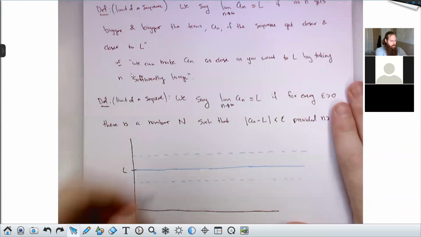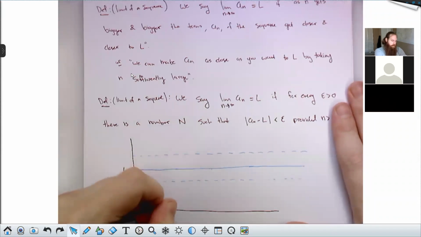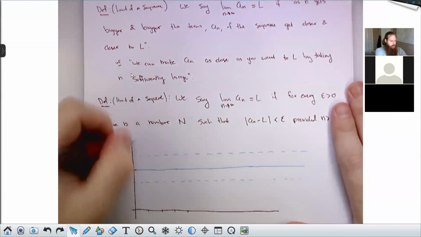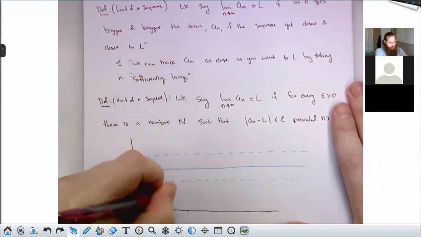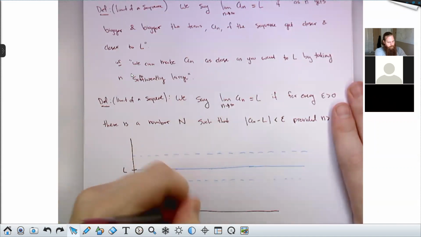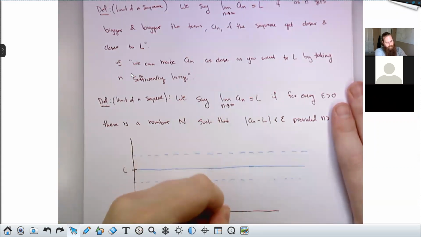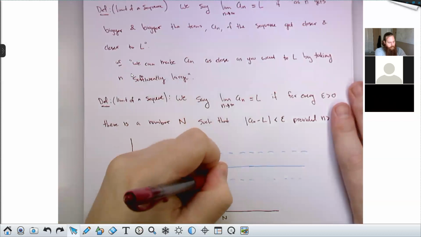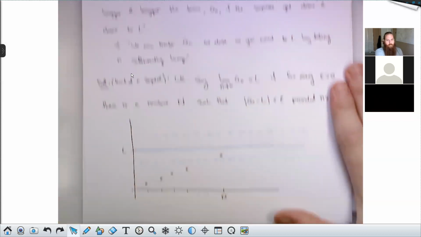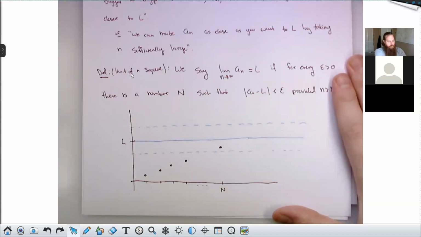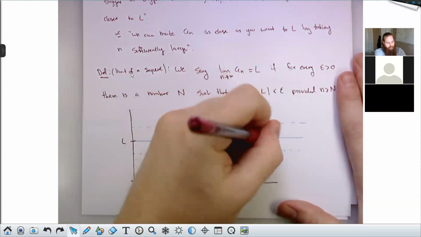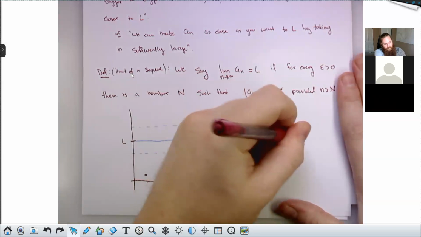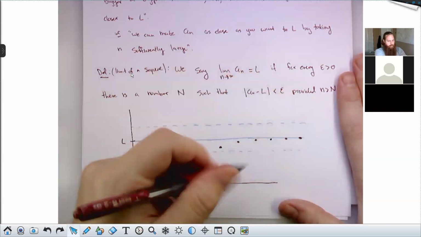What this definition says is that, sure, the terms of the sequence might do all sorts of stuff at first. Maybe I start off down here. But eventually, at some n value, I pass into this epsilon window. And then forever after, I stay inside this epsilon window.